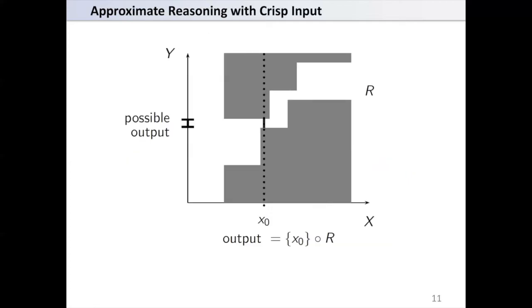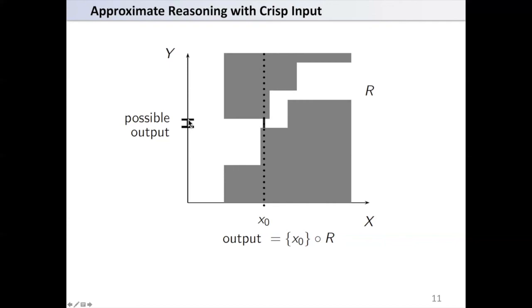And if we are given a fact saying that x is x0, then we apply composition with the fact and the relation to find out what is the output. So here we have such a region which is possible.